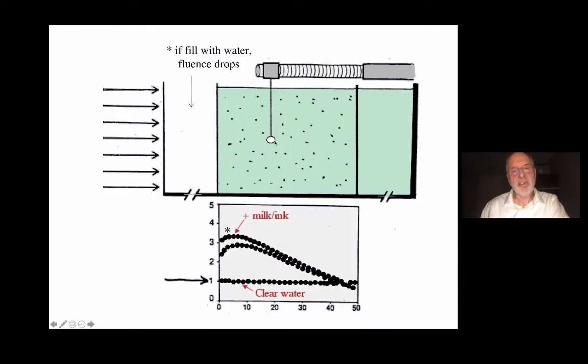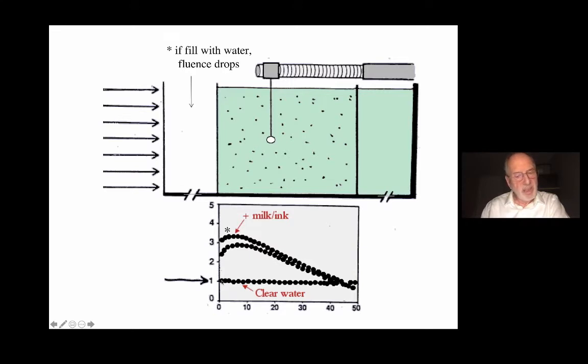We can place an isotropic probe in a fish tank filled with milk with some ink in it to make it a light gray, and move that detector back and forth as we irradiate with a collimated laser beam.